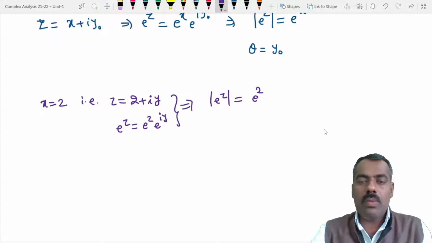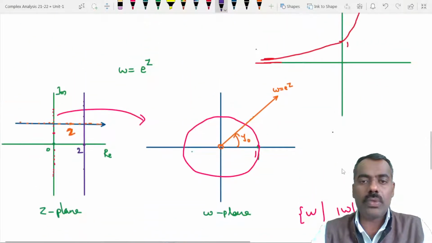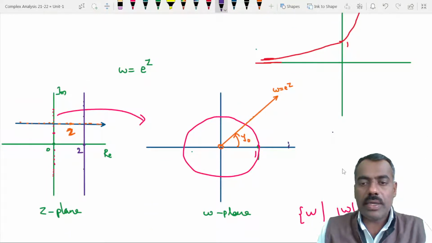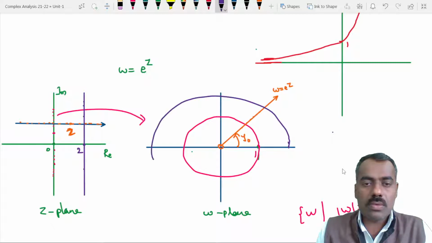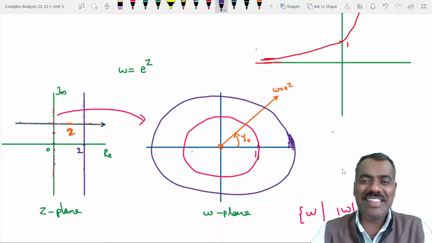Okay, so all points w are in such a way that their distance from the origin is e square, right. So therefore what is this? It is a circle around the origin with radius e square. Okay, so therefore you will get this one. My circles are very bad.